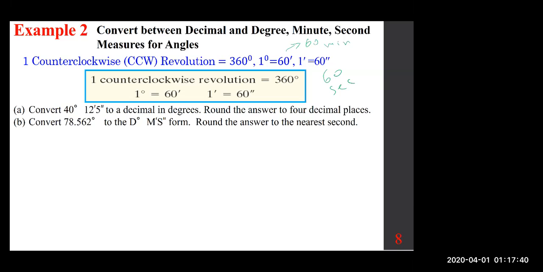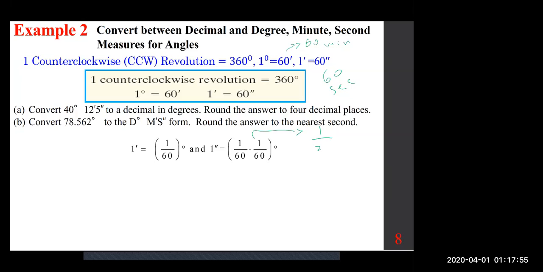So I think it's clear to everybody. 1 minute is 1 over 60, and 1 second is 1 over 3,600, okay?